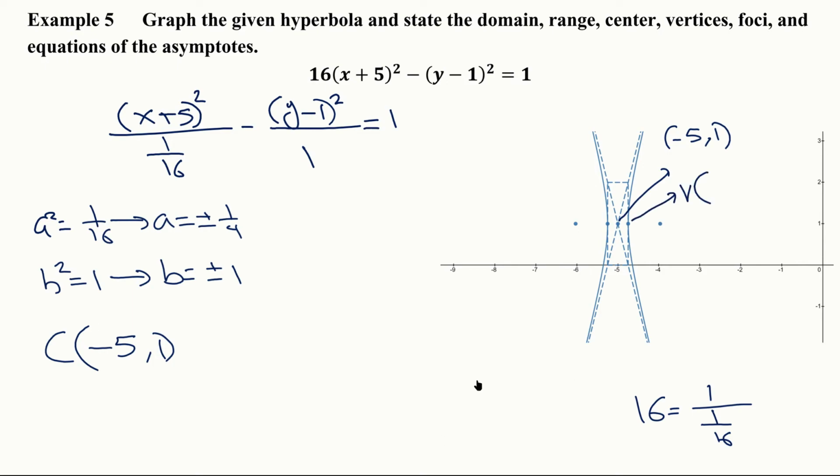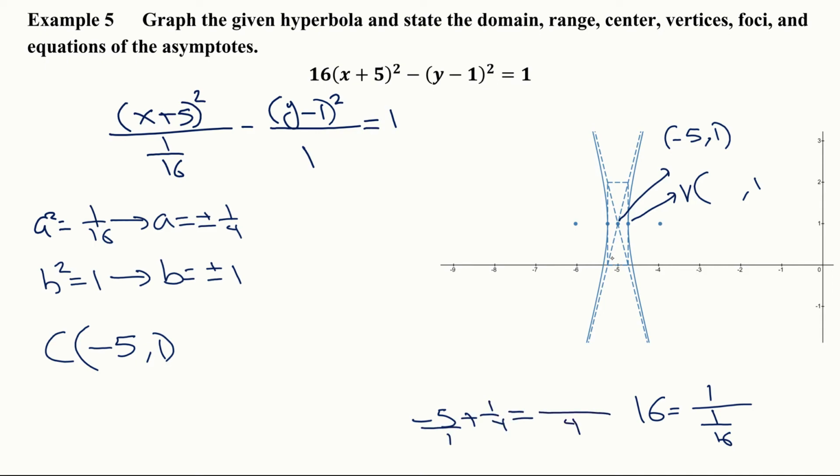All right, so that means if I want this vertex, I know that it's going to be at the same elevation as the center, so the y value is going to be the same, right? But for the x value of the vertex, I'm going to have to take this x value of the center and add 1/4 to it. So let's do that down here. -5 plus 1/4, that's -5 over 1.